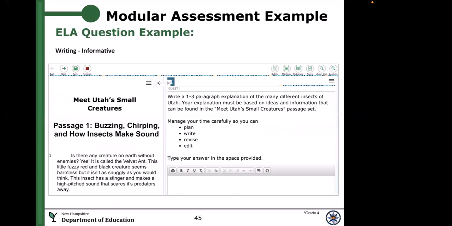This is writing. So writing tends to have multiple passages on the left-hand side and then some general instructions about what they need to do and how they need to answer questions on the right-hand side.